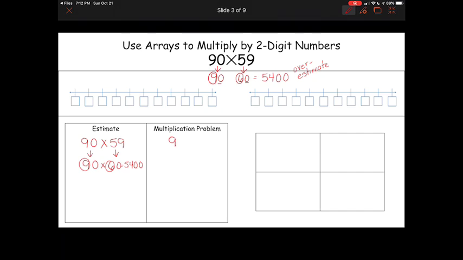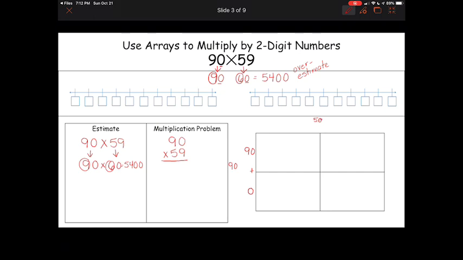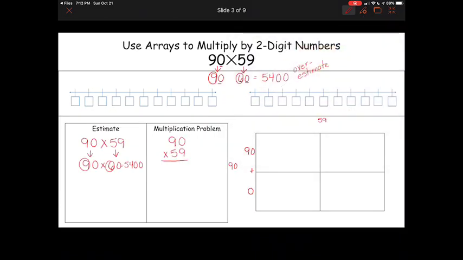I'm going to write out my problem, 90 times 59, and now I'm going to break it apart. 90 just becomes 90 plus 0 because there's nothing in the ones place. 59 finally becomes 50 plus 9, because 5 tens is 10, 20, 30, 40, 50, and 9 is 9 in the ones place.